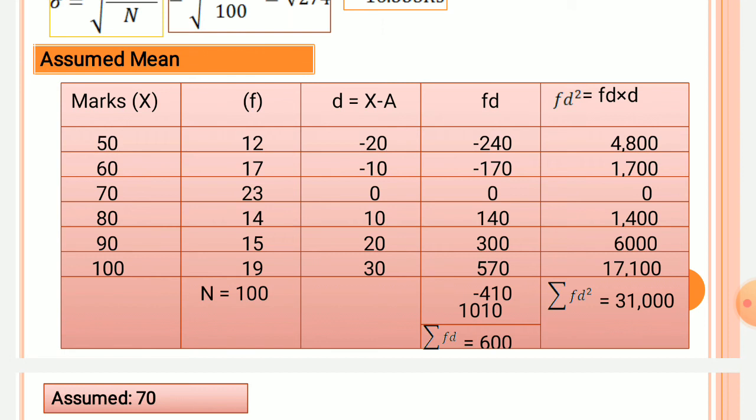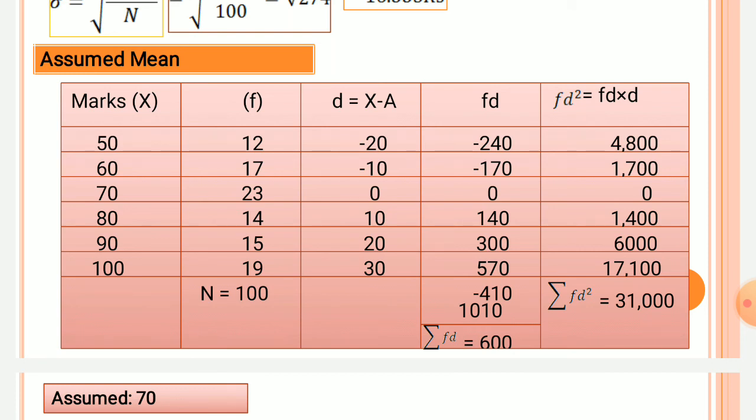Now 50, 60, 70, 80, 90, 100 and frequencies, second column d is equal to x minus a. So here 70 is taken as assumed mean or assumed value. Then find the difference. 50 minus 70 is minus 20, 60 minus 70 is minus 10, 70 minus 70 is 0, 80 minus 70 is 10, 90 minus 70 is 20, 100 minus 70 is 30.